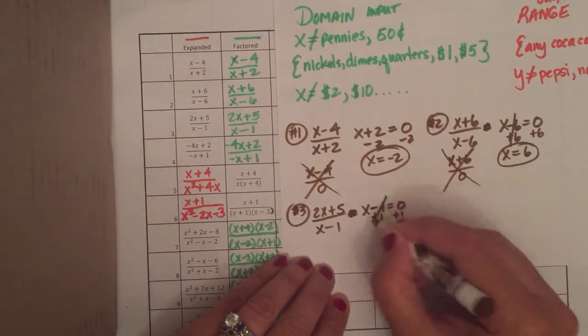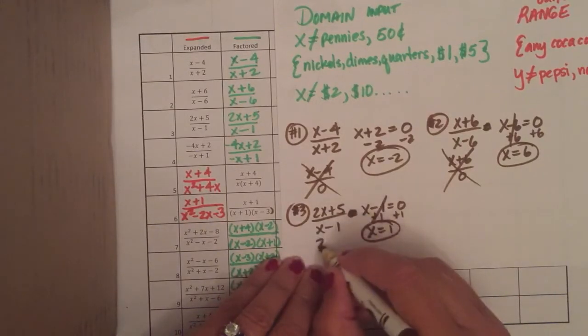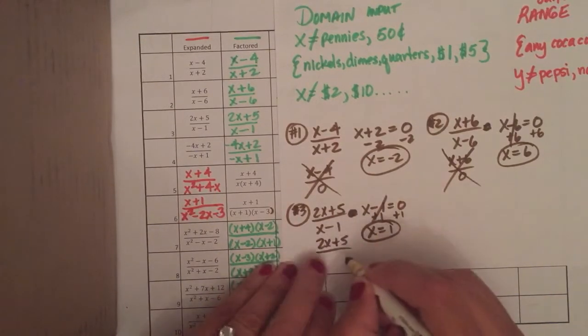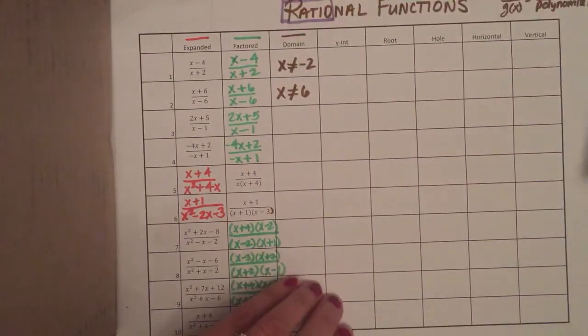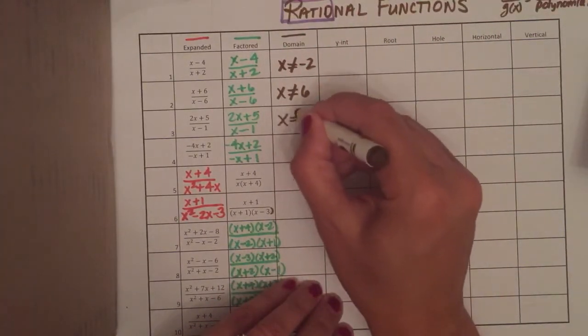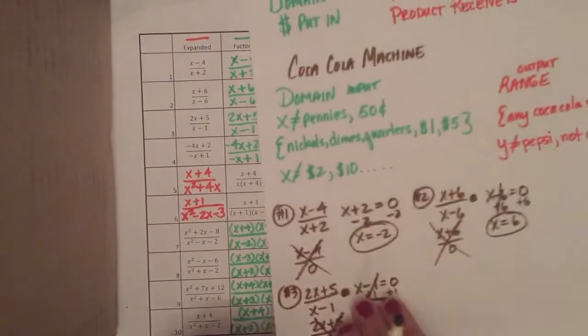I'm going to add 1 to both sides, so x equals 1. If x is 1, that means I have 2x plus 5 over 0. Can't do it. So that means that x cannot equal 1. That's our domain. Everything except 1. Let's look at number 4.